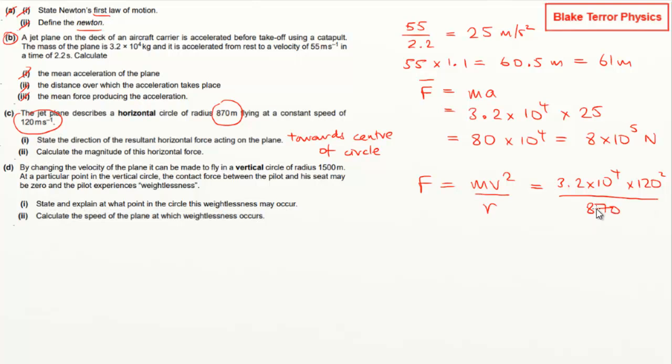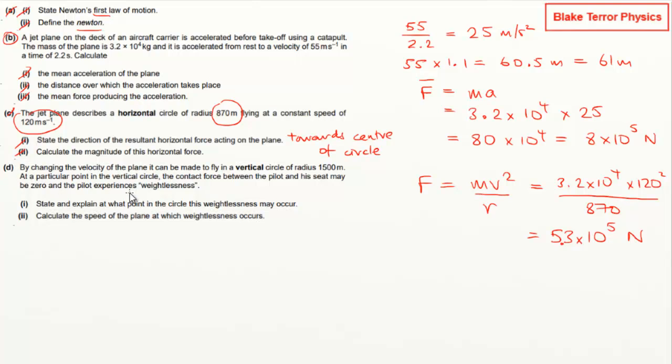I'm going to go to the calculator this time, it just seems a bit much to do on pen and paper. 120 squared divided by 870, times 3.2, gives 5.3 times 10 to the 5 newtons. Well, that was easy enough to work out, I suppose.